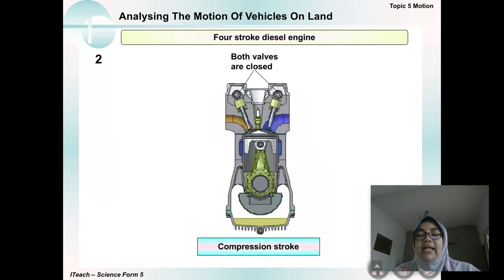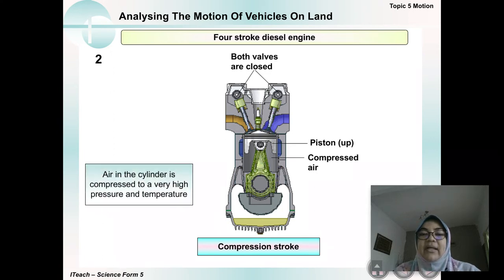Dia ada juga compression stroke. Masa compression stroke sama juga dengan petrol. Dua valve tu akan tutup and then dia akan compress the air inside. Piston up, so air in the cylinder is compressed to a very high pressure and temperature.